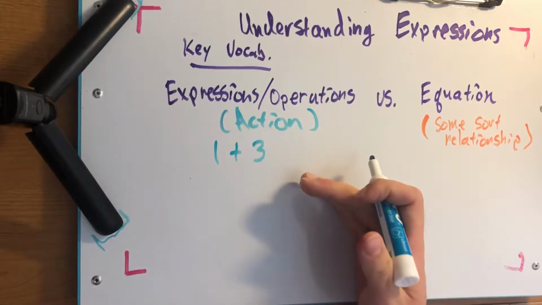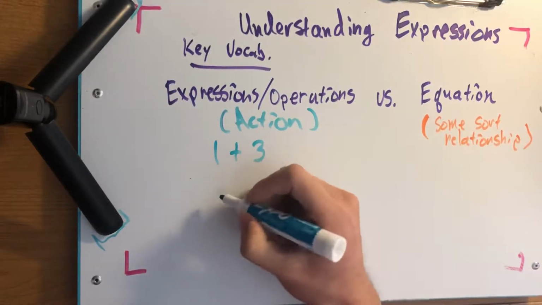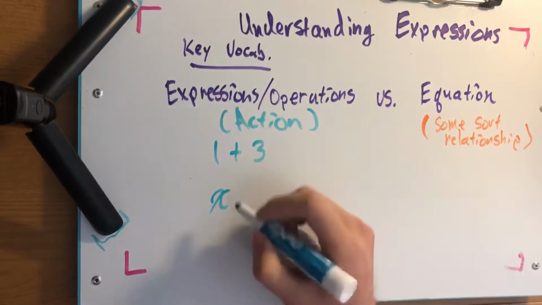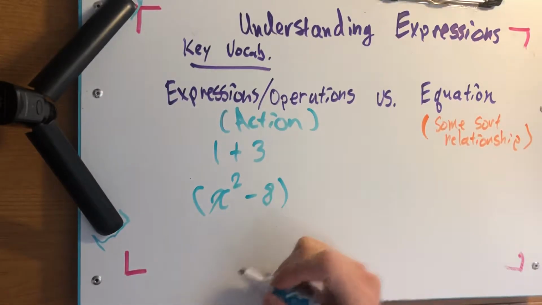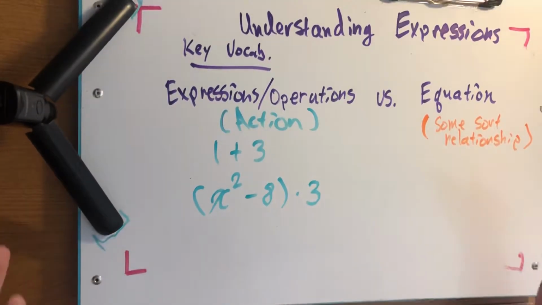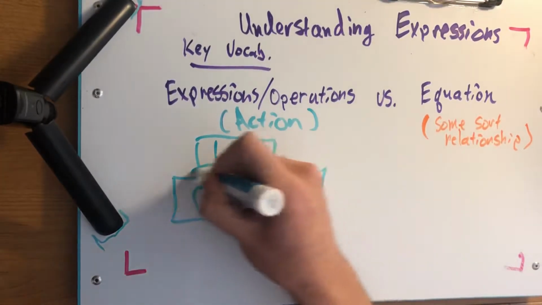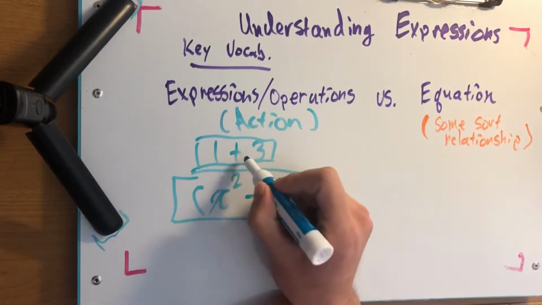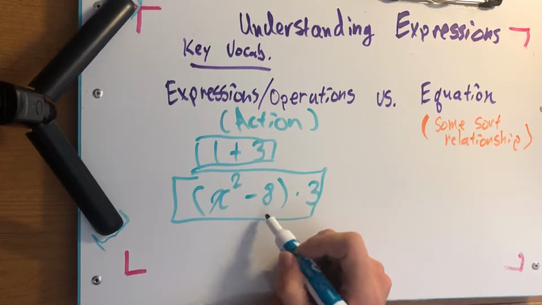That's an expression. It could also be something more complex. Something you might have seen before could be involving variables. X squared minus 8, all in a parentheses, times 3. Both of these are expressions or operations because something is happening. Things are being added, things are being exponentially increased, subtracted, and multiplied.